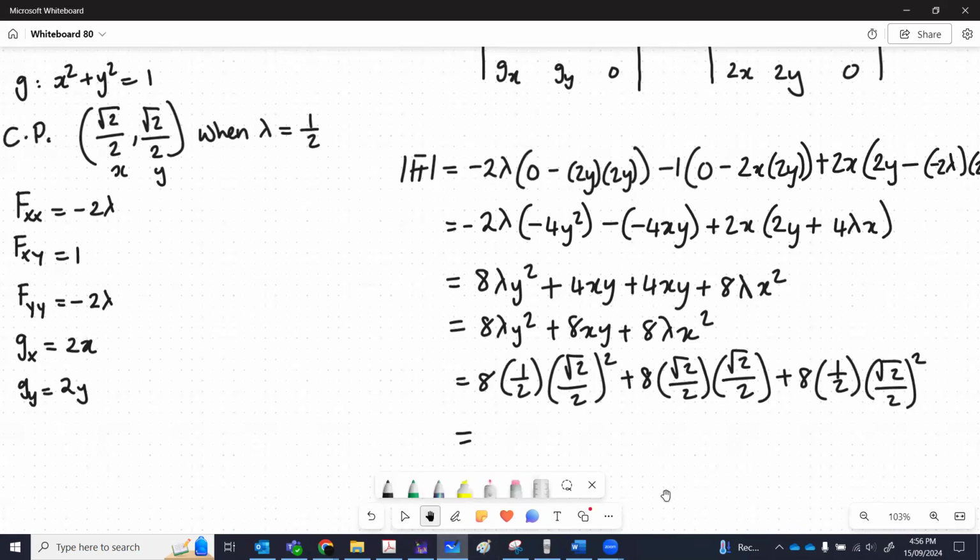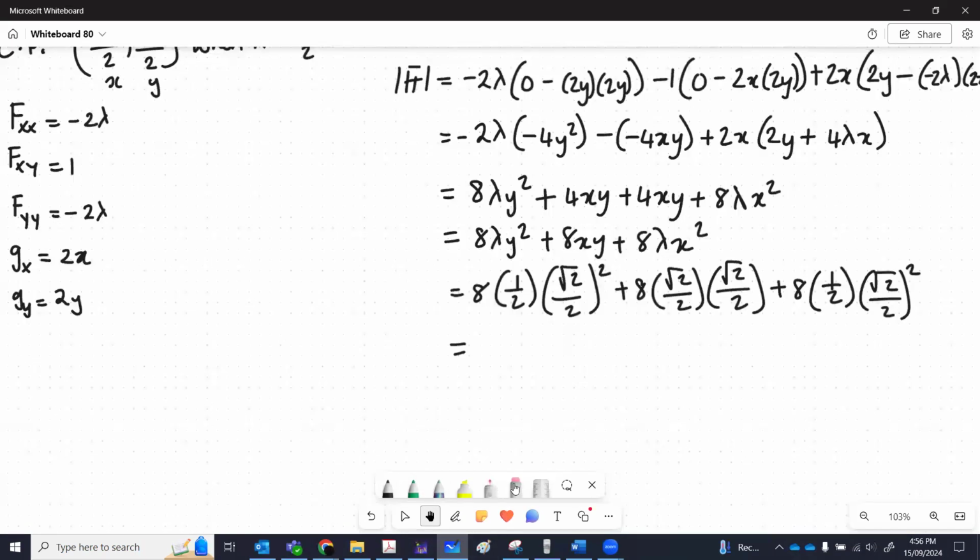This you can obviously work out on your calculator, but it's not difficult to do even without one. So 8 times half is 4, and when we square this, we have 2 over 4, which is a half.